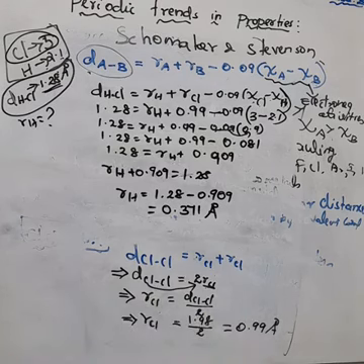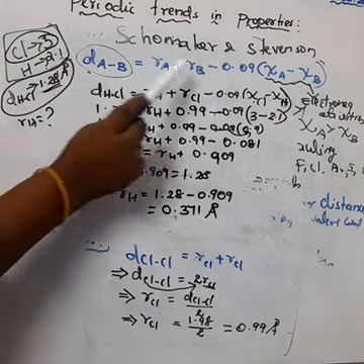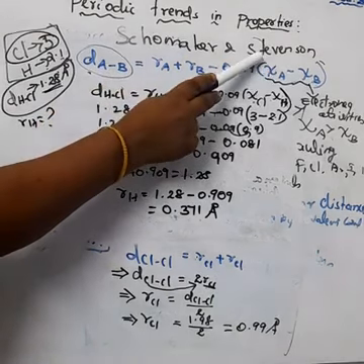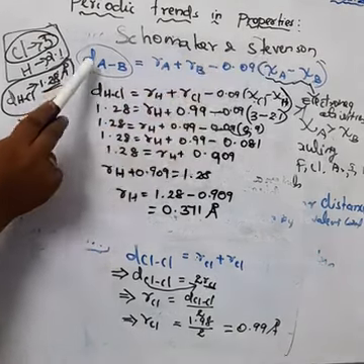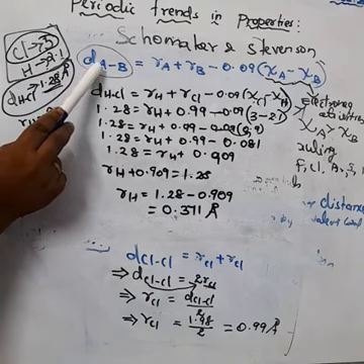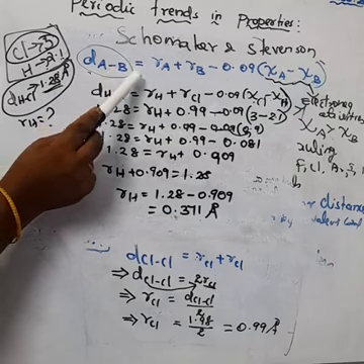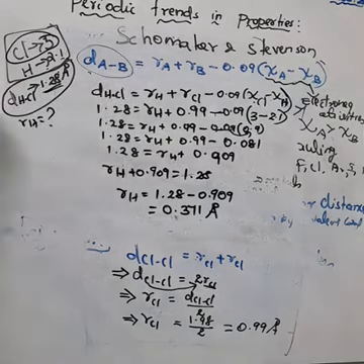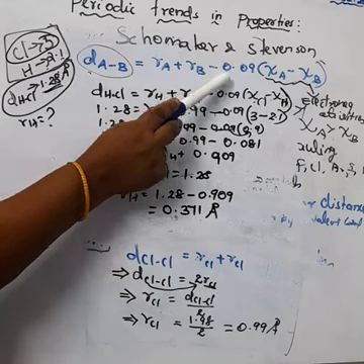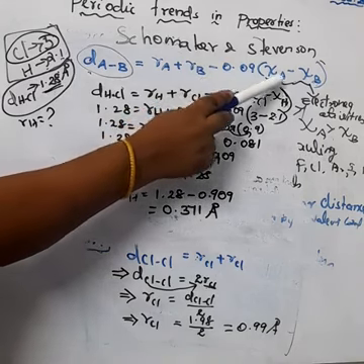Another formula, given by Schomaker and Stevenson, can also be used to calculate the internuclear distance. The distance between two atoms A and B is R_A plus R_B, the radii of atom A and atom B, minus 0.09 into (chi A minus chi B).